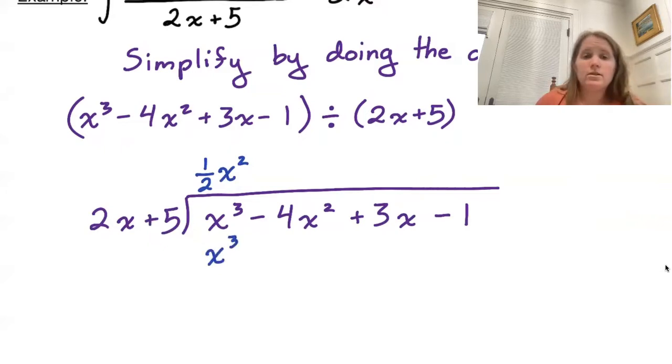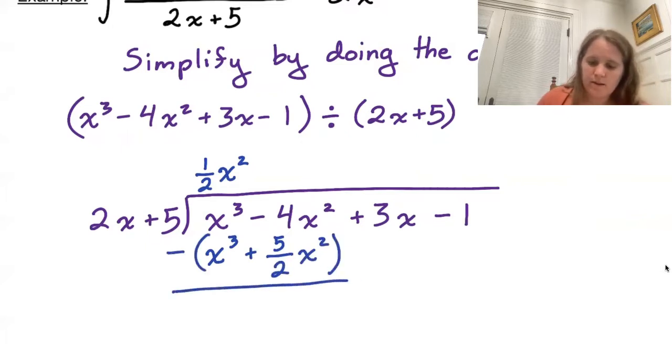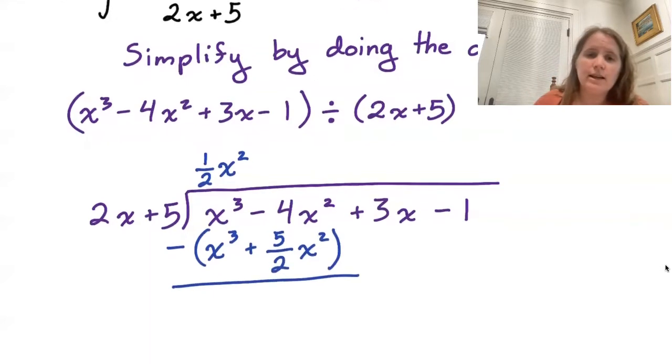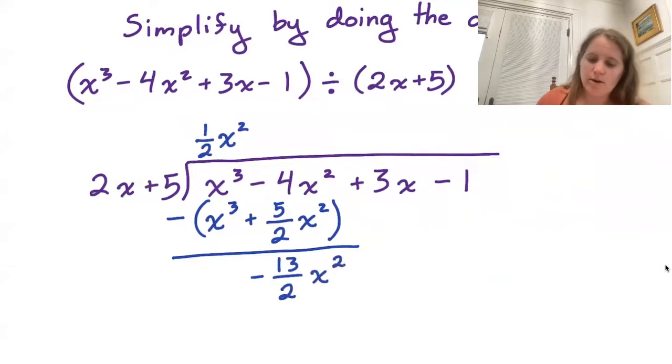Then 1/2 x squared times 5, we are looking at a plus 5/2 x squared. And then we are going to subtract these. So we have minus 4 minus 5/2. That's minus 8/2 minus 5/2 will be a negative 13/2 x squared.